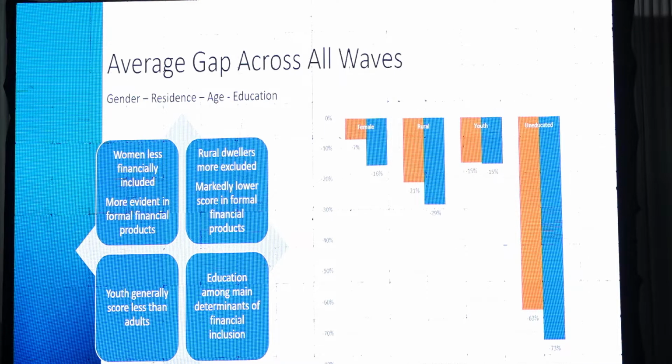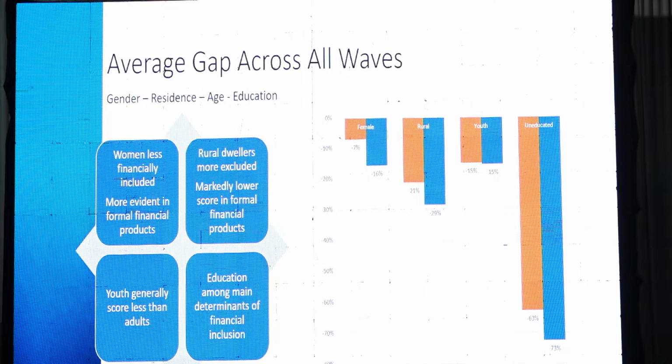So, for example, if we look at the gender population characteristic, we see that the score for women is on average 7% lower than the score for men when we look at the neutral indicator. However, if we consider the formality sensitive indicator, the gap is much larger at 15%, indicating that there is a substantial difference in the use of formal financial services between men and women.